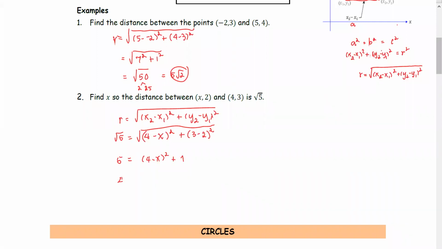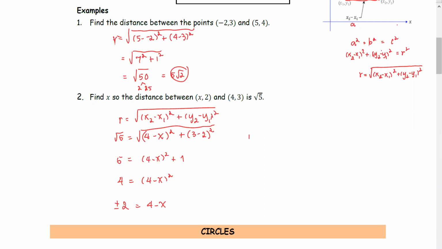Subtract 1 from both sides. We have 4 equals the quantity (4 minus x) squared. Take the square root of both sides. Plus or minus 2 equals 4 minus x.